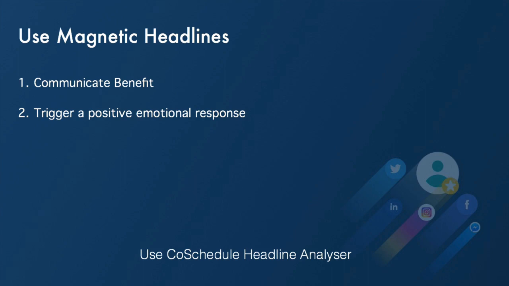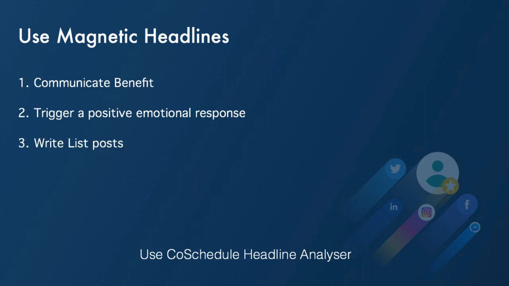You have to use headlines which will trigger an emotional response, and it should be a positive emotional response, because ultimately you would like to spread positivity in the world. But people are also committed to action when they're triggered by a positive emotional response over a negative emotional response.